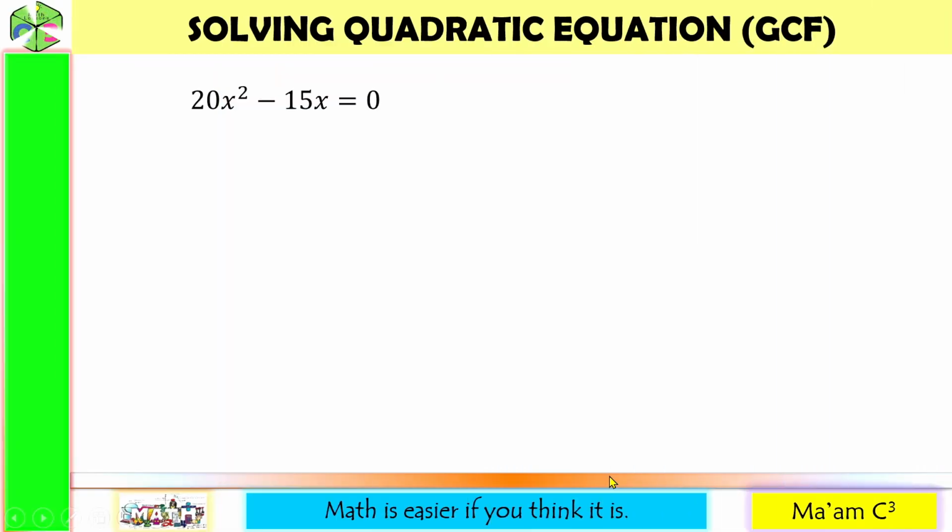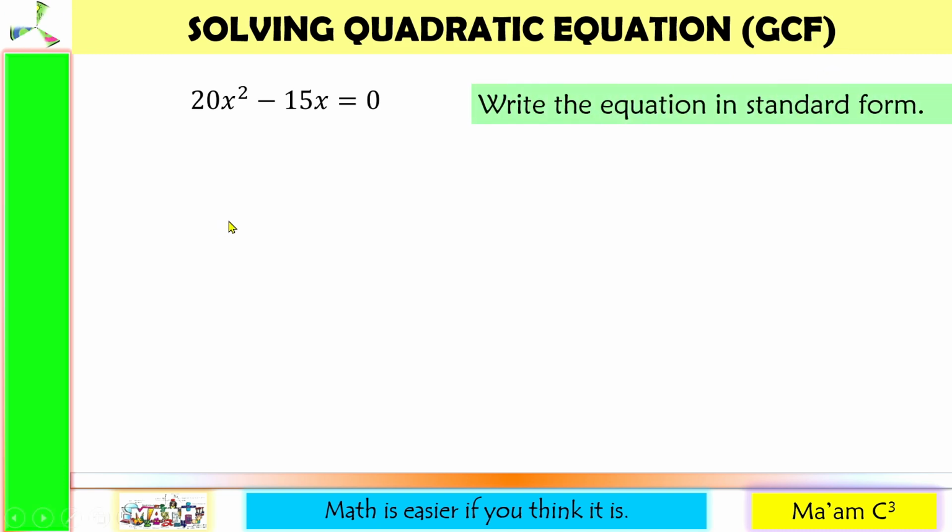Here, I am going to solve this quadratic equation through determining the greatest common factor, the GCF. So, step 1, we have to write the equation in standard form. This is already in standard form. Right side is equal to 0 and a is greater than 1.